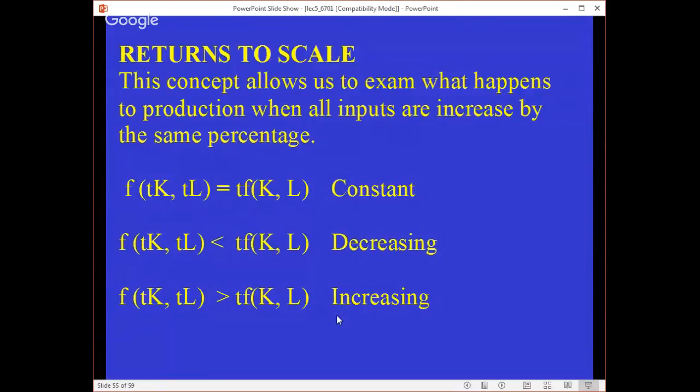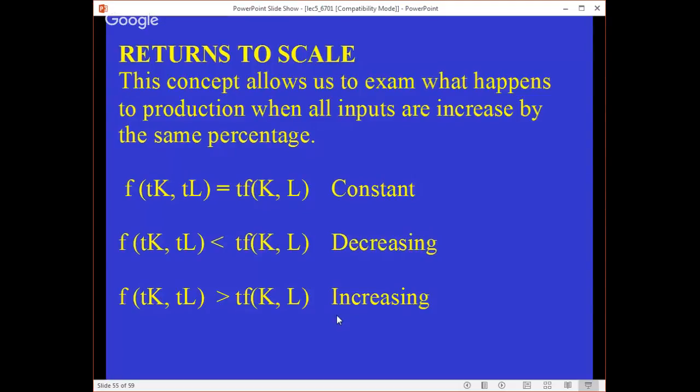In our Cobb-Douglas production function, and it's really not that important, but when we write it out in the following way, if alpha plus beta is equal to 1, we have constant returns to scale.